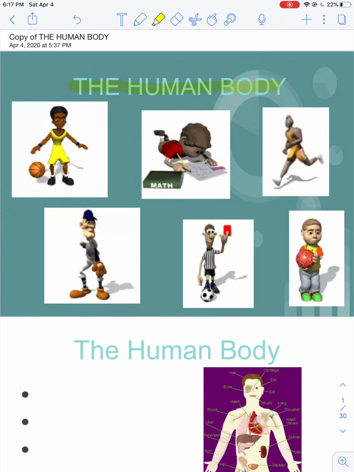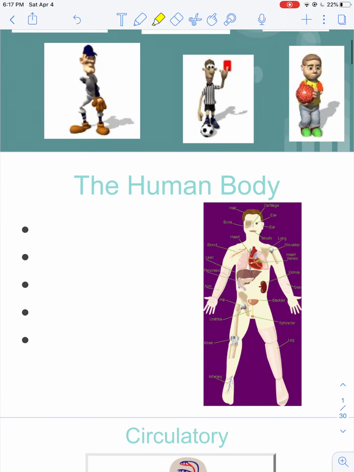Inside the human body, à l'intérieur de notre corps humain, inside we have 5 different systems. Those systems are very important.